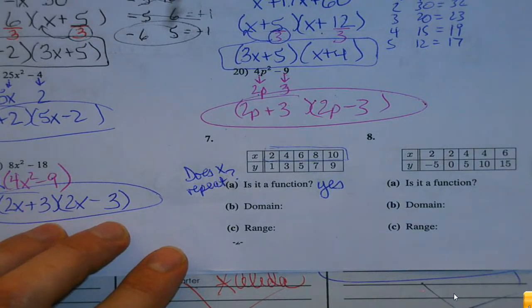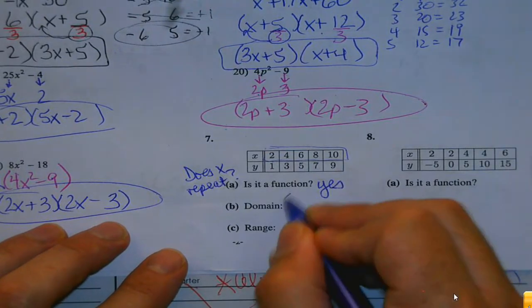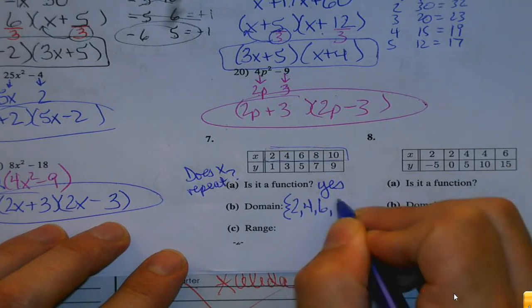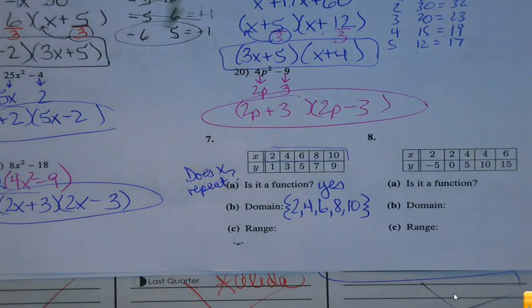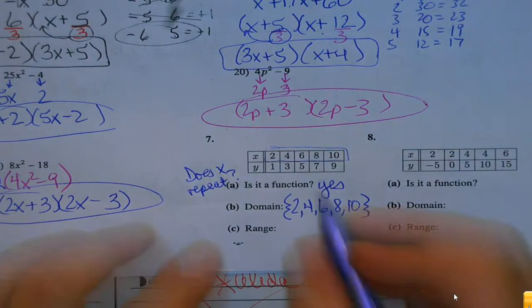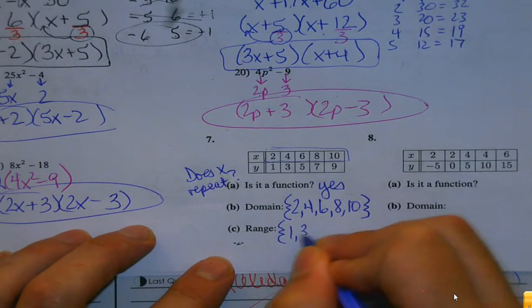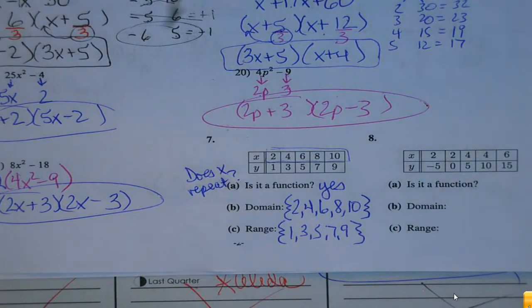My domain, when numbers are listed like this, not in a graph, we use the braces. And yes, I am going to be a stickler about this tomorrow. You use parentheses or brackets, it's not right. So if it's a list of numbers, my domain is all my x's, my range is just listing off all of my y's. And I'm good.